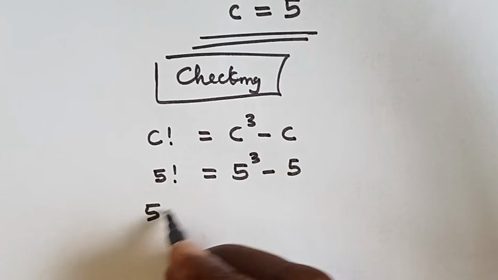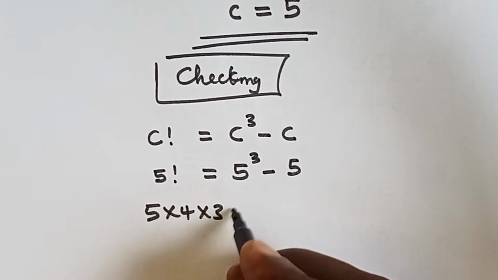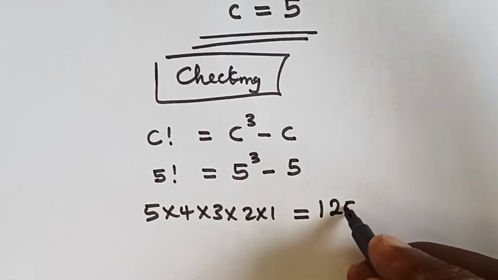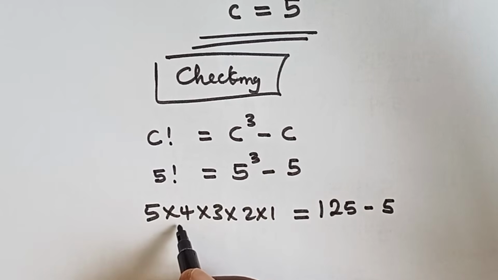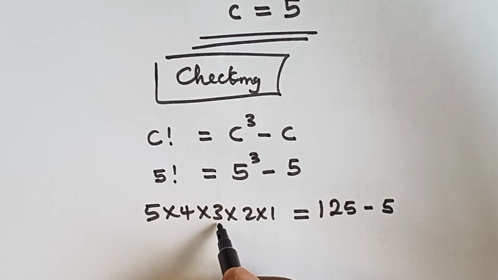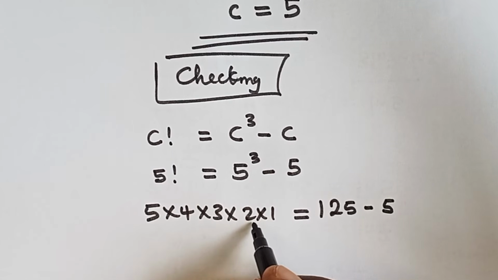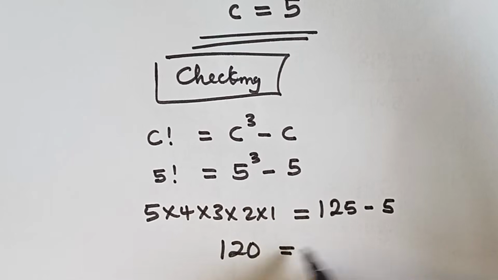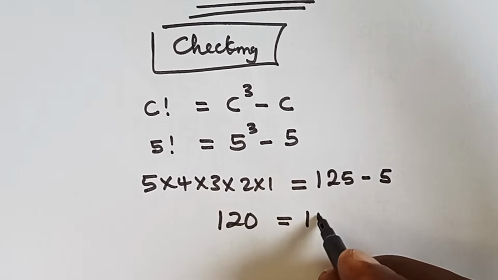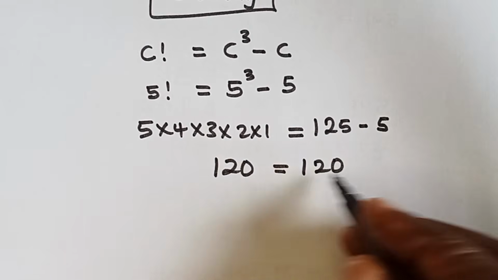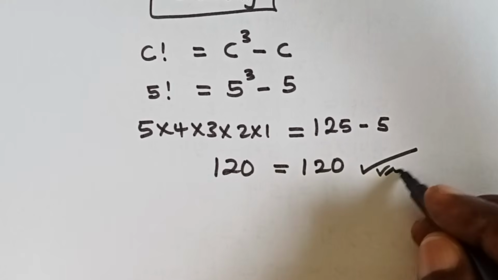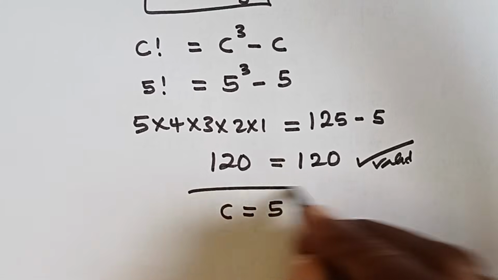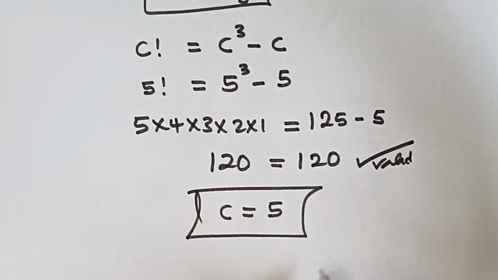What is 5 factorial? 5 times 4 times 3 times 2 times 1. 5 cubed is 125 minus 5. 5 times 4 is 20. 20 times 3 is 60. 60 times 2 is 120. 120 times 1 is 120. And then 125 minus 5 gives 120. Alright, so 120 equals 120 is valid. That means that c equals 5 is a valid answer.